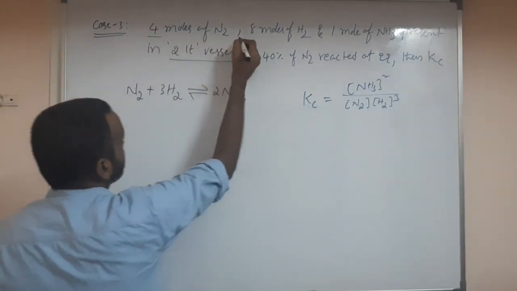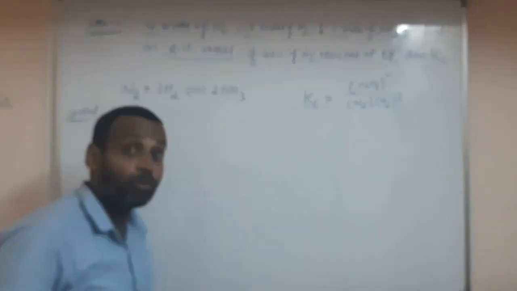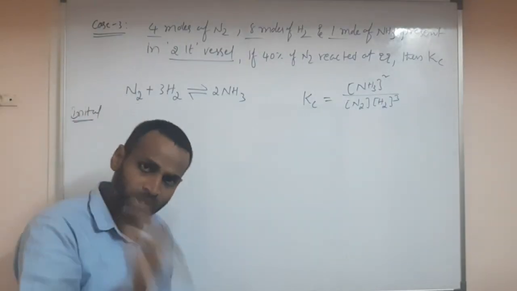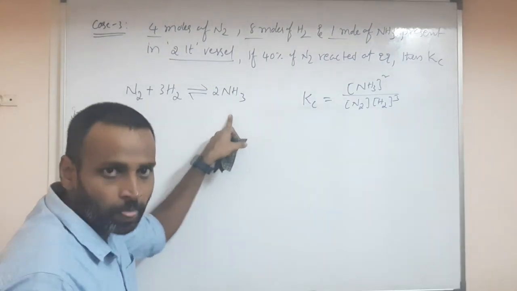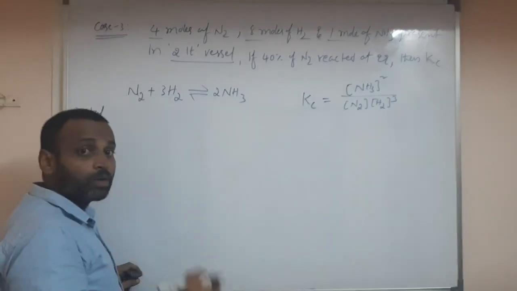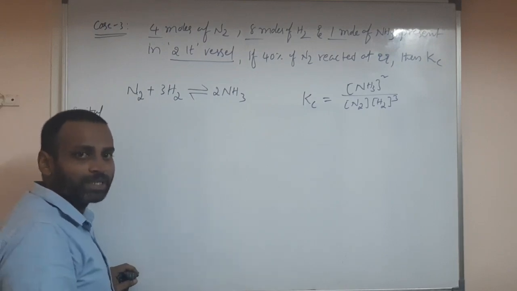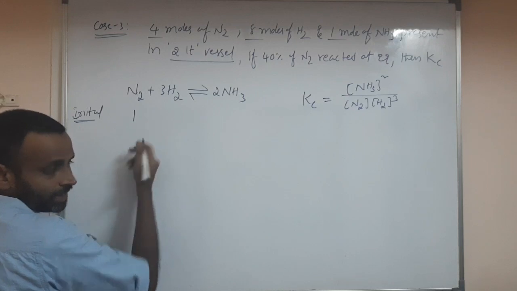They gave 4 moles of N2, 8 moles of H2, and 1 mole of ammonia also present initially. In the previous case we took ammonia as 0. Now you have to take 1 mole, because ammonia is already present in the 2-liter vessel.